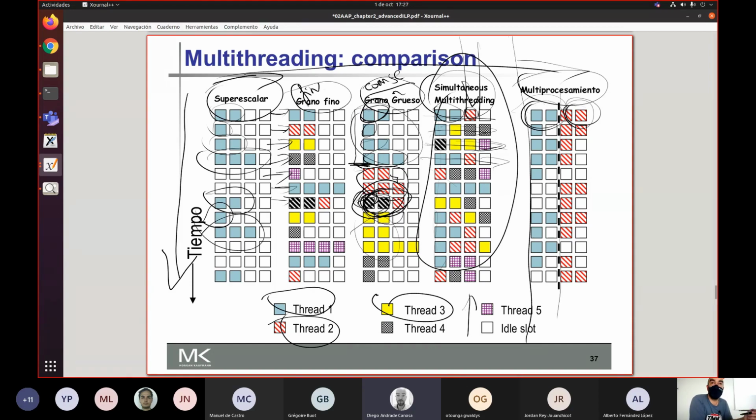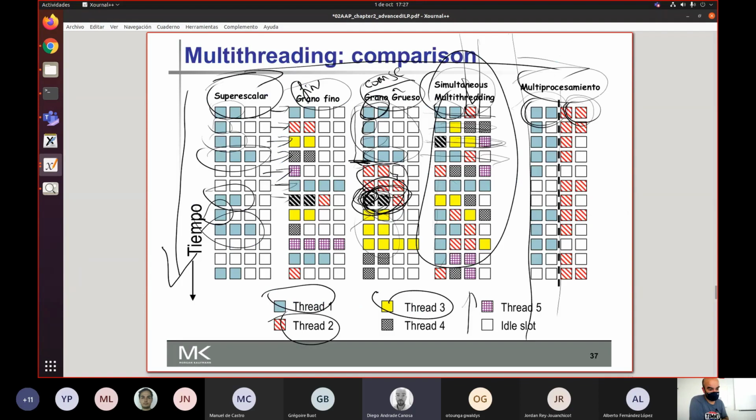Okay, so when you tested any of your OpenMP programs in Finisterrae 2, how many threads did you create? 8. Only 8? Why? Small programs. Ah, okay.